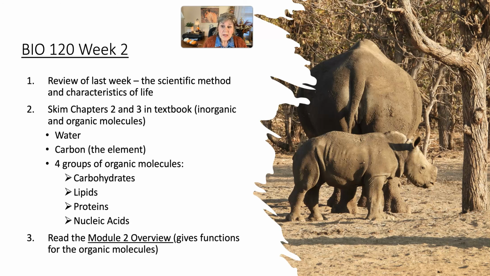All right. So this week, what do we have going on? First of all, skim the chapters 2 and 3 in your textbook. And I don't know if you really know what skim means, but skim means to just quickly go through the chapters, look at the headings, glance down through the material to see what is there so that you can refer back to it.